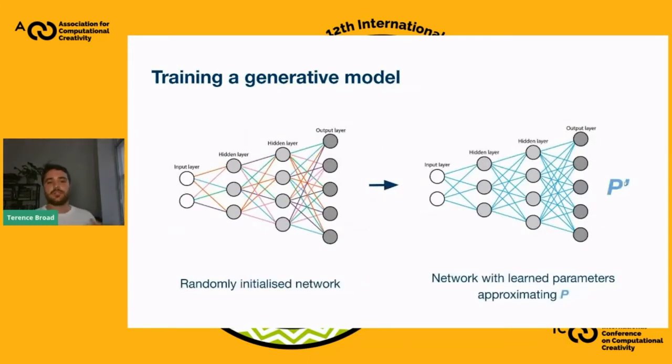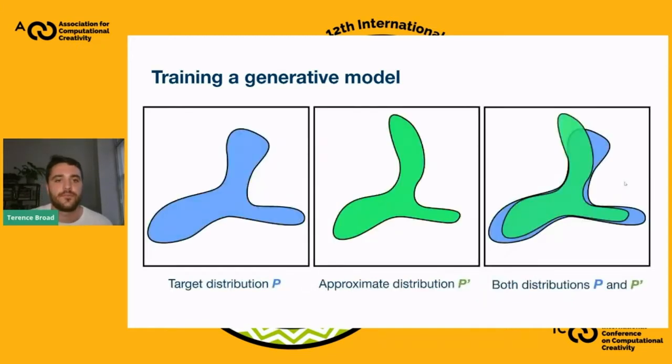If we look at the network parameter view, we're starting from a set of randomly initialized weight parameters. Over the course of training, we're trying to find the set of parameters that best approximate our target distribution P. And if we look at the distribution view, we have our target distribution P, and after training, we have our approximate distribution P prime, which is trying to be as close as possible to the target.